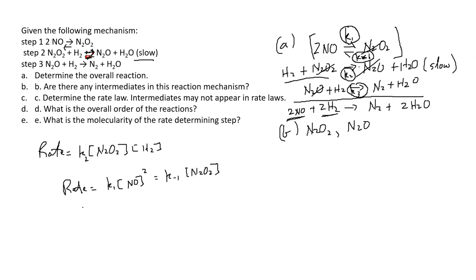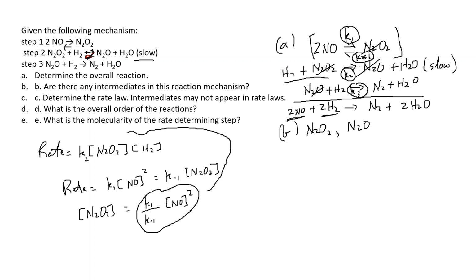And then what I'm going to do is solve for the concentration of N2O2, which equals K1 over K minus 1 times the concentration of NO squared, all right? And then I'm going to plug all of this into where we have the concentration of N2O2.